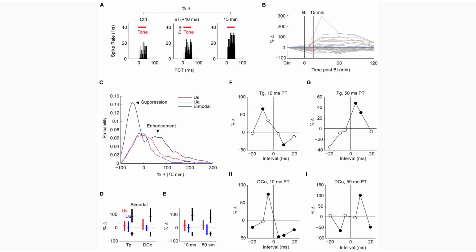STDP operates within a narrow temporal window of tens of milliseconds. And this reflects the kinetics of synaptic currents and intracellular signals, like the very important calcium-dependent signaling pathways, that register the coincident activity.